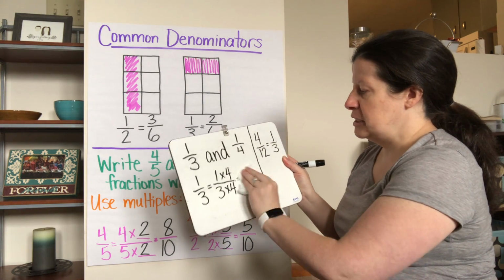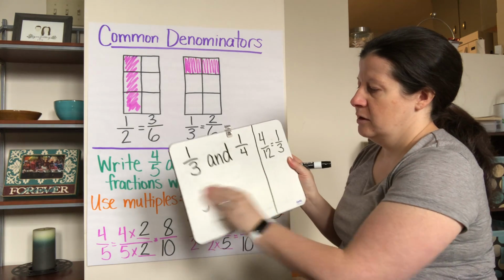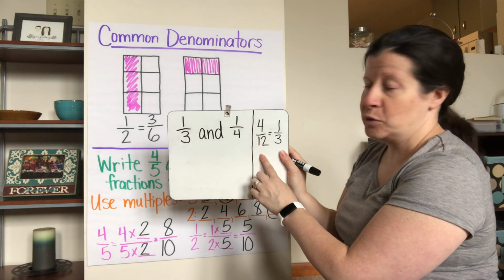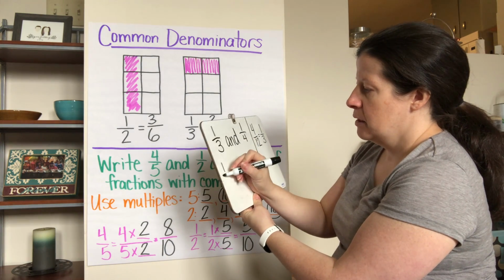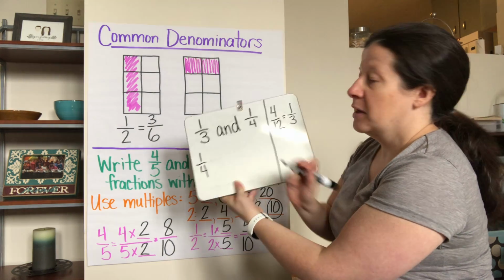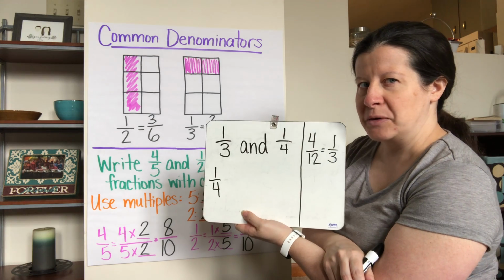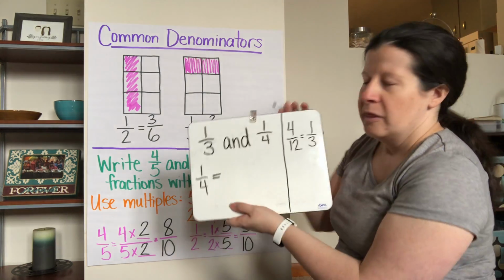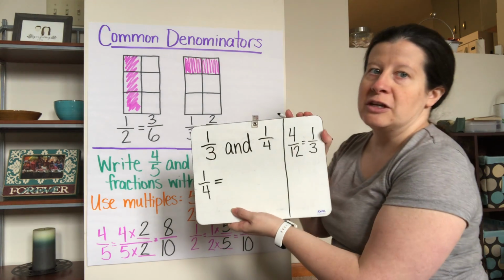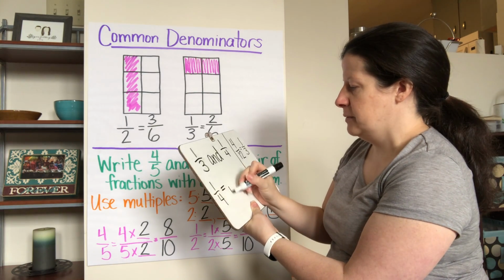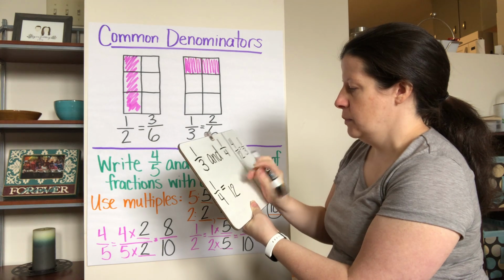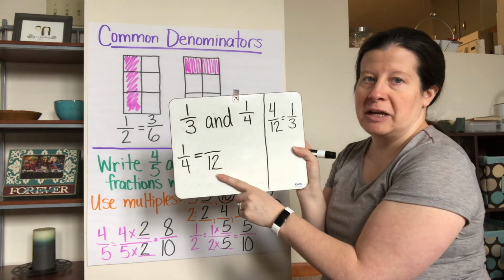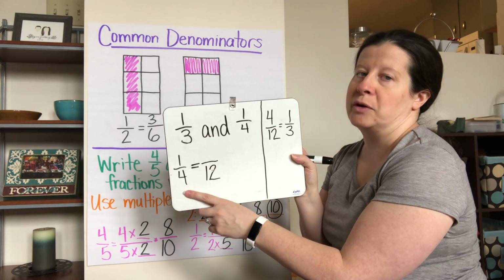Now we need to change 1/4 into a fraction that has that same denominator of 12, right? 1/4. Okay, I'm going to shorten this down a little bit and show you so you don't have to draw out all of those steps. Think about when we did equivalent fractions. You are trying to find a fraction with a denominator of 12 that's equal to 1/4.